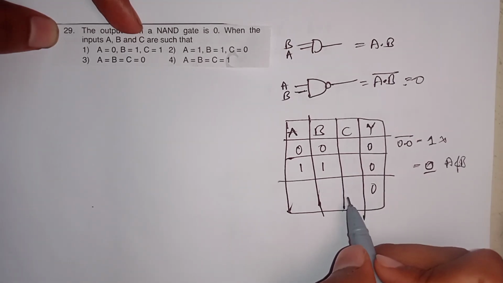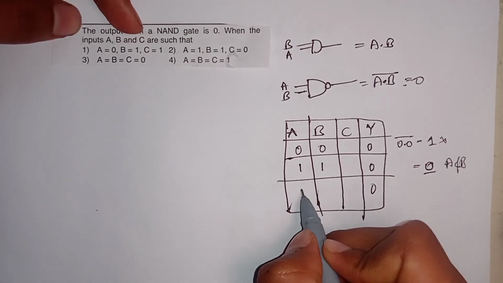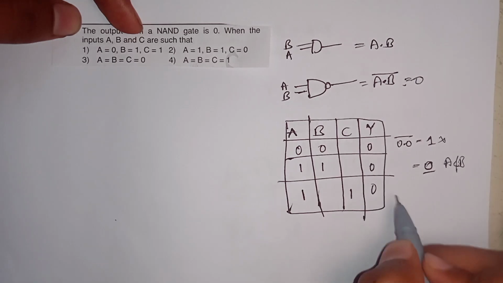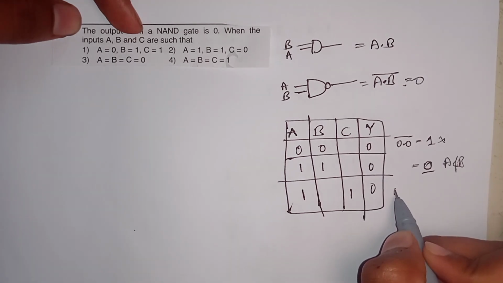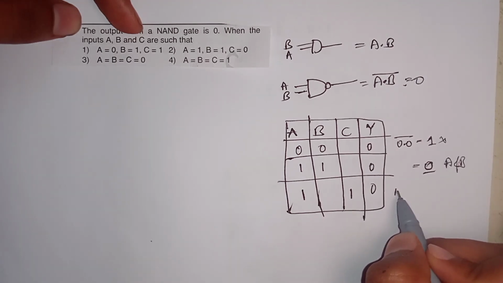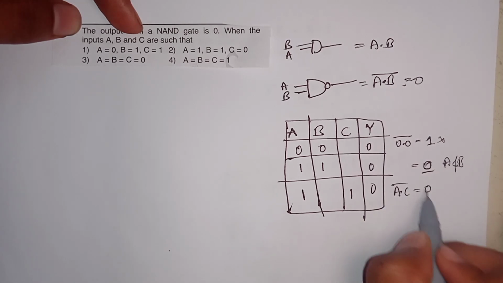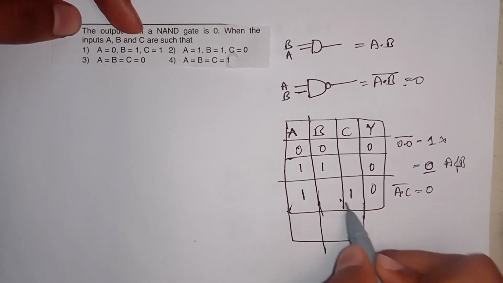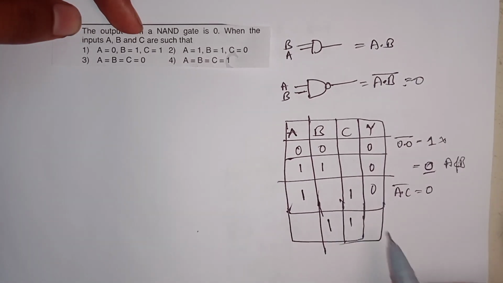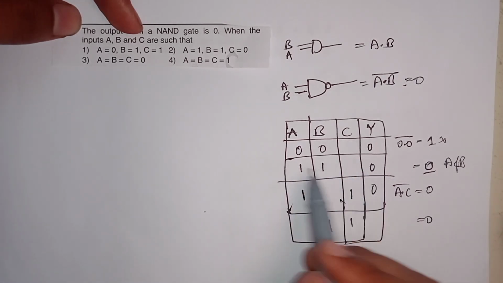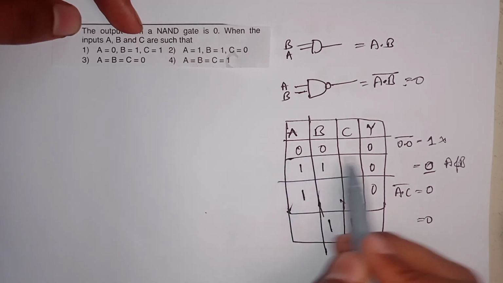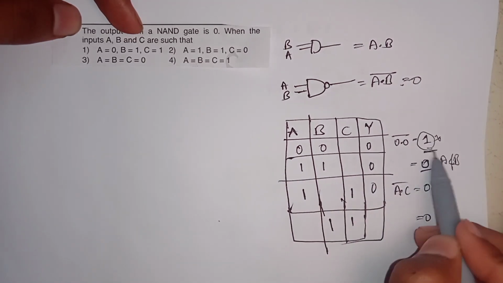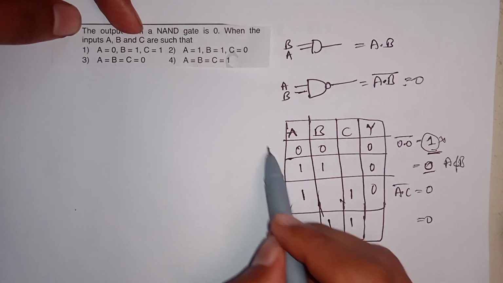You have to find for C also. If you take 1 and 1 for A and C, then A dot C bar, 1 into 1, 1, inverse 0. Again we get 0. If you take B and C, that is 1 and 1, 1 dot 1, 1, inverse is equal to 0. When we took 0, the output was 1, which does not match the NAND gate output.